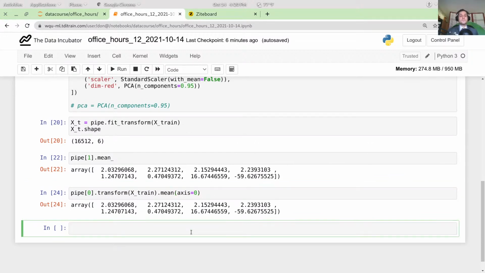Okay. So imagine you have a sparse matrix. A sparse matrix is one where there's a lot of zeros in the data. So there are more efficient ways to store a sparse matrix in memory as opposed to the traditional ways. In a traditional array, you store every single value in memory.